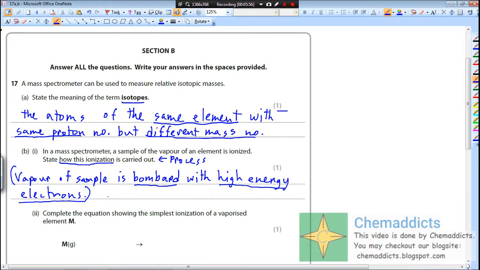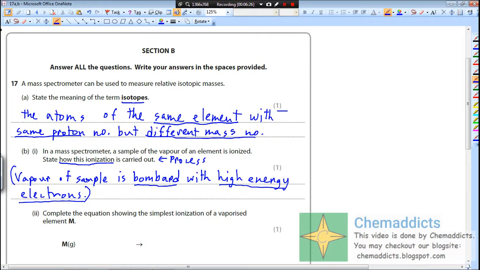So here we will just say this, and we don't need to discuss ionizing or forming positive ions. If you just write the ionization equation, you won't gain any mark for this question, since they have asked us about the process. So that is why this should be the answer.